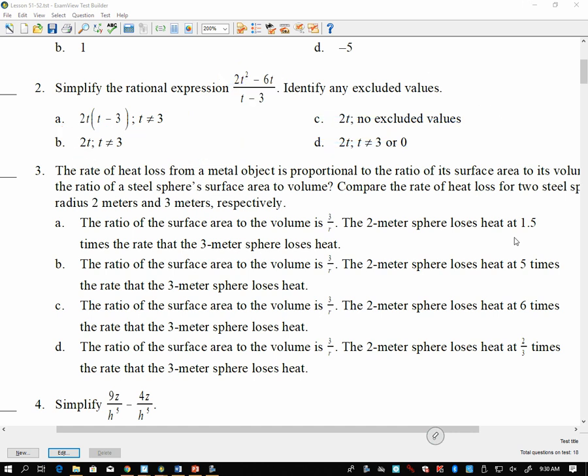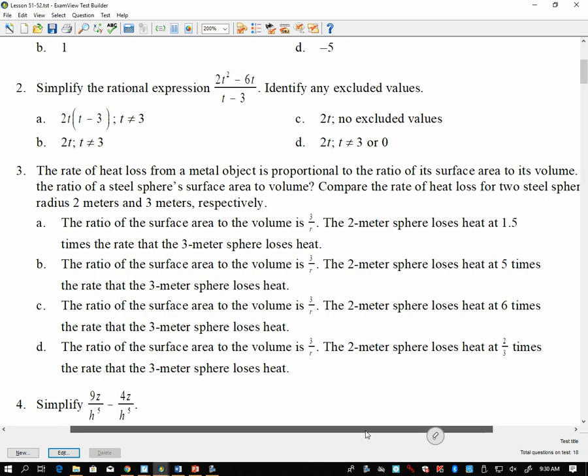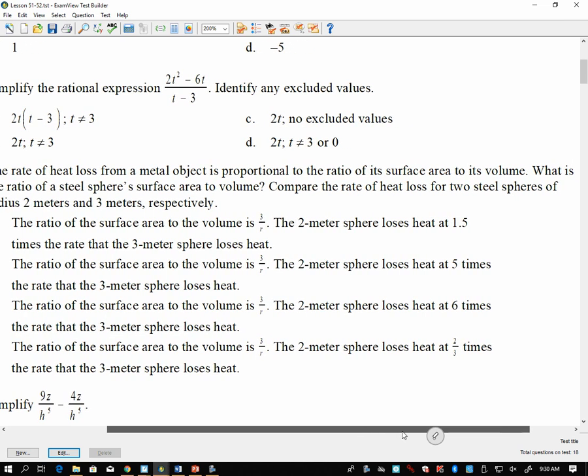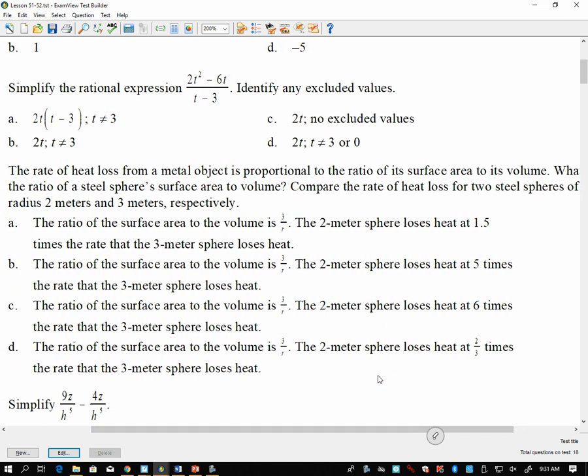Let's see. We have in number 3 the rate of heat loss from a metal object. The rate of heat loss from a metal object is proportional to the ratio of its surface area to its volume. I want to make sure this is a question from this lesson.